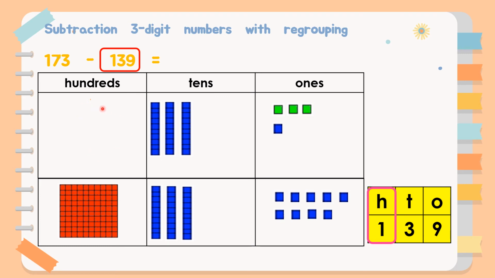Tak ada block. What is the difference? How many blocks left now? There are 0 in hundreds, 3 in tens, and 4 in ones. So 173 minus 139 is equal to 34.